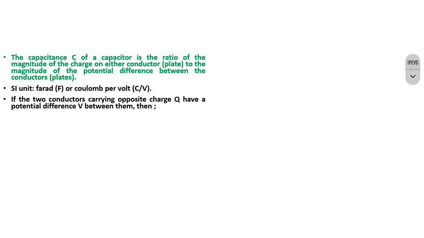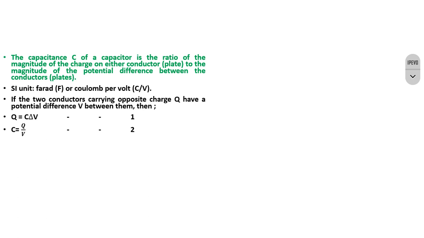If the two conductors carrying opposite charge Q have potential difference V between them, then we use the expression Q equals C times change in V, equation 1. You can see this Q here represents the charge, C represents the capacitance of the capacitor, and V represents the potential difference.